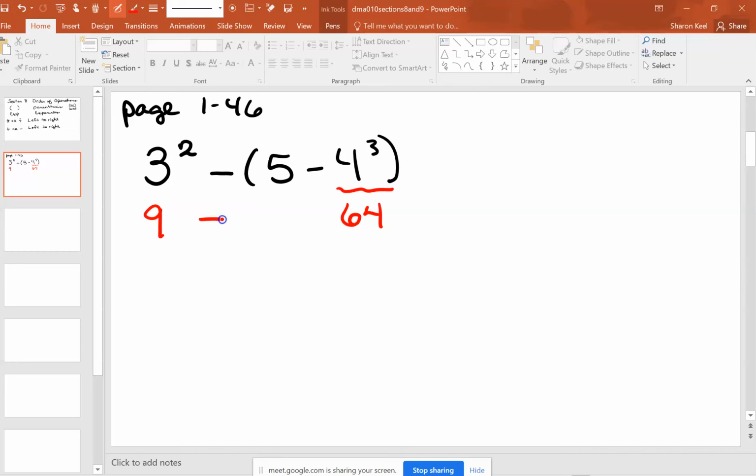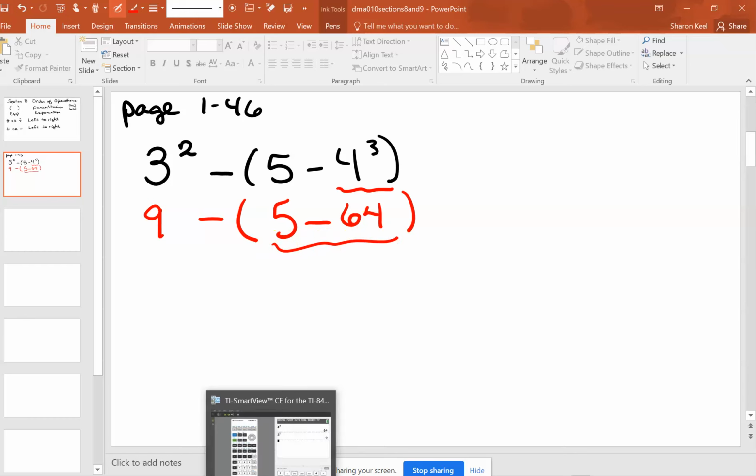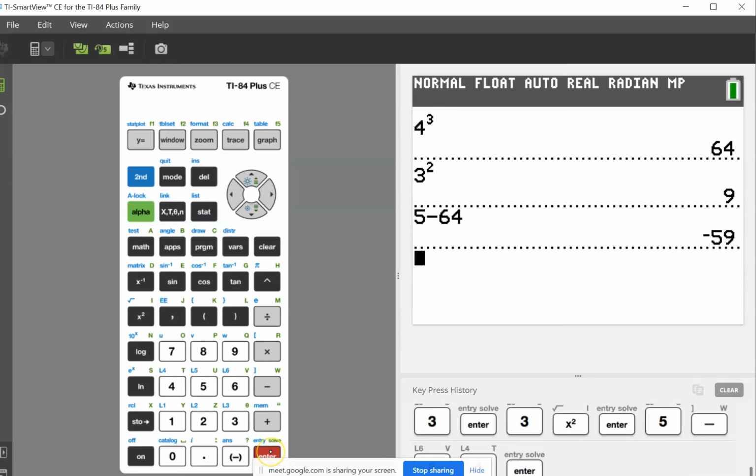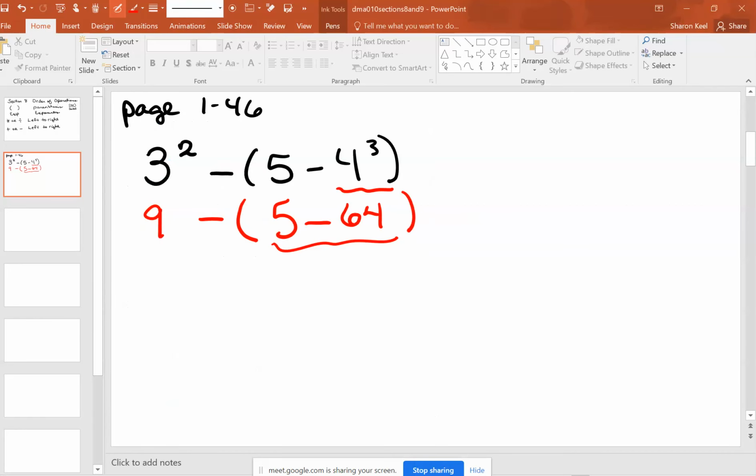Then I'm going to bring down minus, parenthesis, 5 minus, and that was a 64. So I simplified both exponents. I now need to finish simplifying 5 minus 64. With 5 minus 64, we're going to get a negative answer. It's going to give us a negative 59.